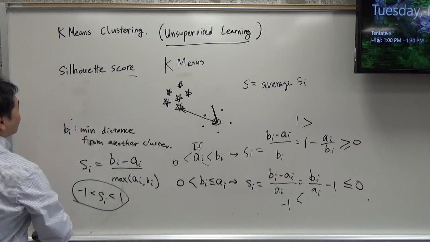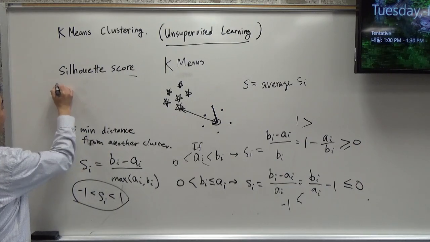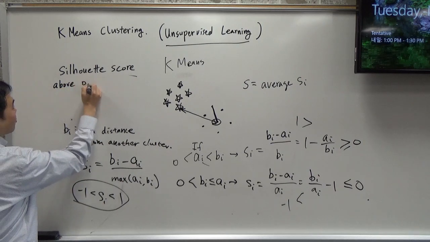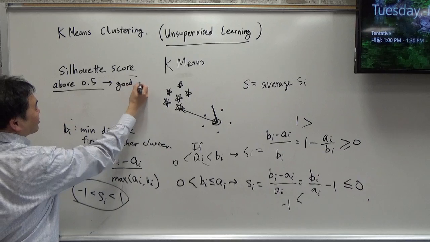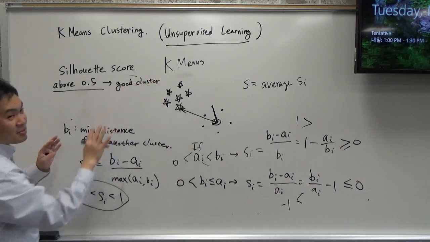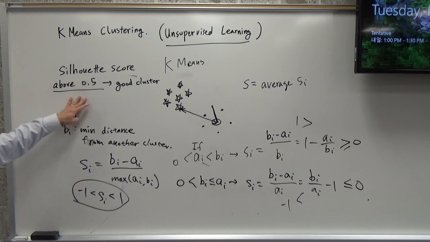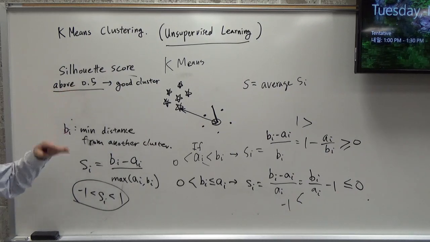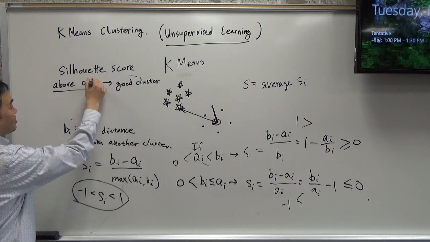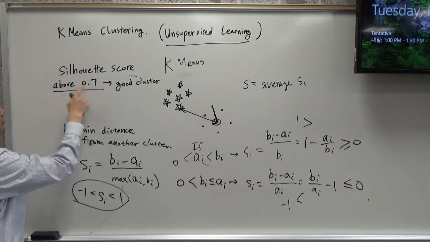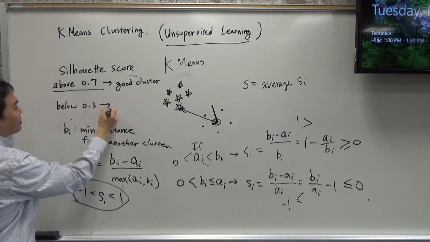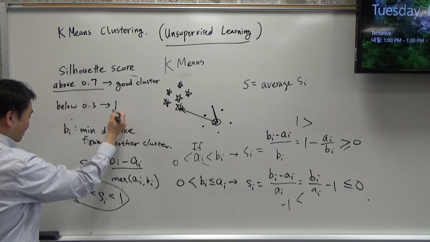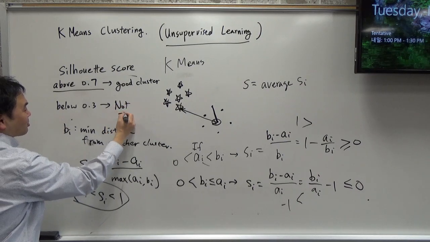Right? And therefore, if the silhouette score is above 0.5, then you would say it's a good cluster. But that's just heuristics. Usually if you have a good clustering, you would have a silhouette score above 0.5, or some people even say 0.7, so some high value. And if it's below 0.3, then the clustering is not trusted.